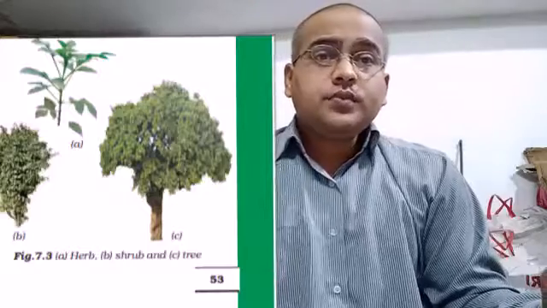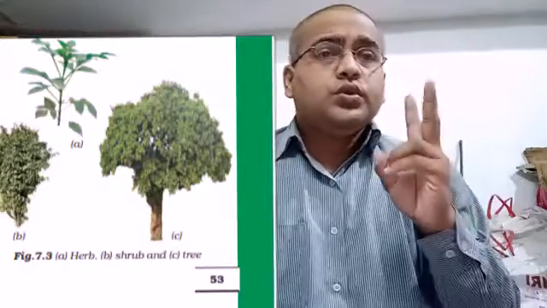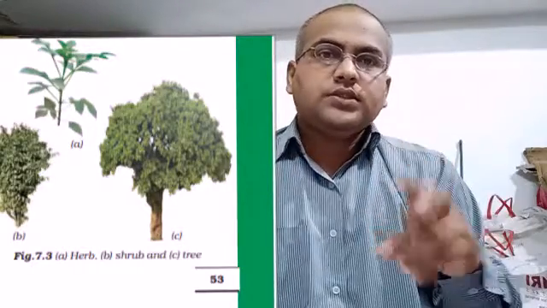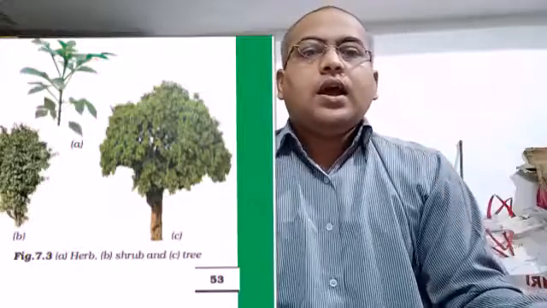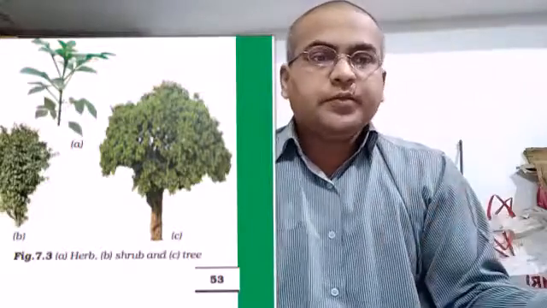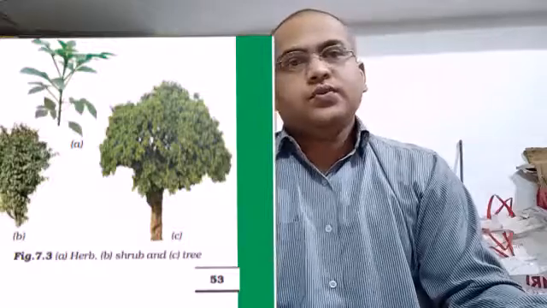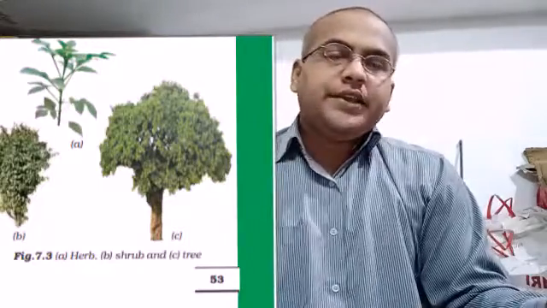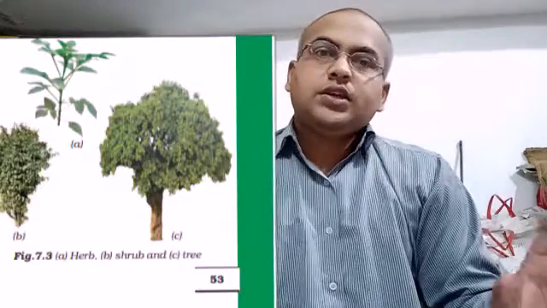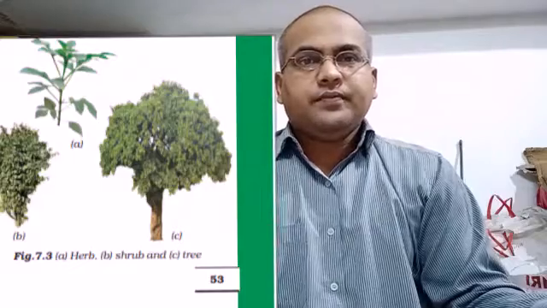Next, we need two small plants, some soil, a khurpi for digging purpose, a blade or a pair of scissors, and water. These are the things we are going to need to perform this activity.